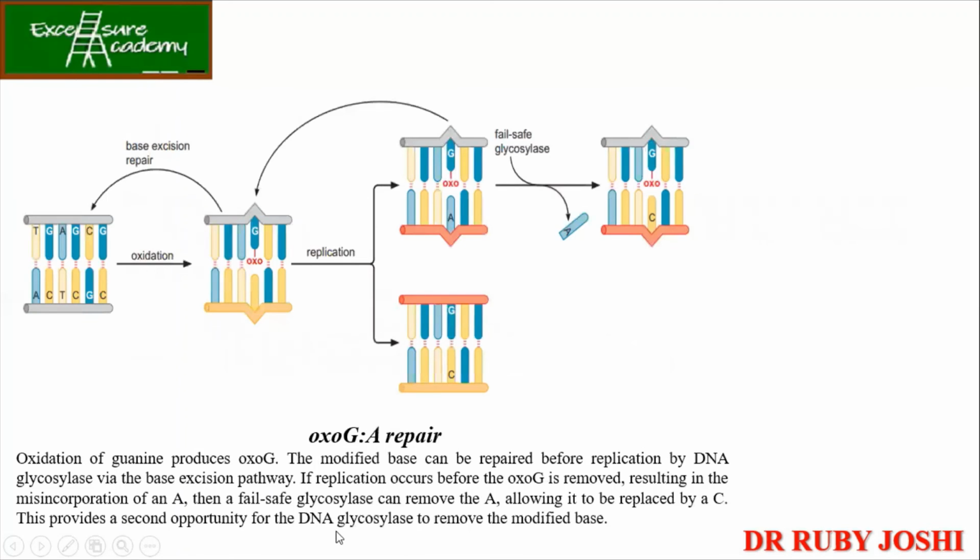Just see the figure. If OXO-G:A is being repaired, how will it happen? So oxidation had happened, it was unexpected, and OXO-G was formed here. First of all, OXO-G will go for base excision repair.